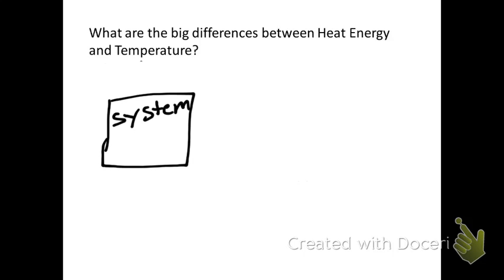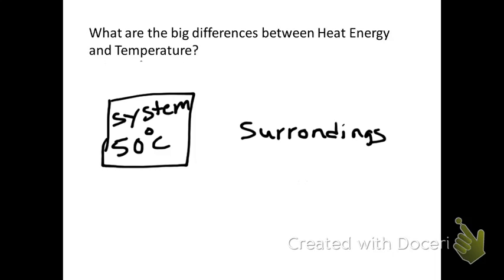But let's just say that this is a system, and the system is at 50 degrees C. And that means everything outside of the system is known as the surroundings.